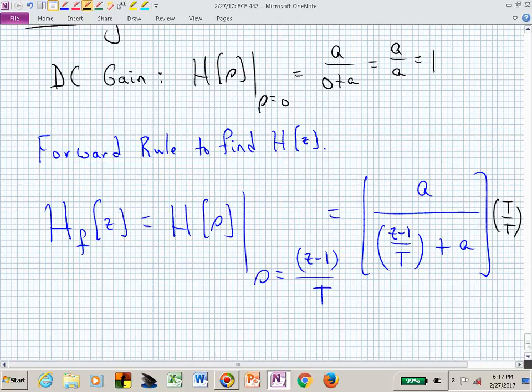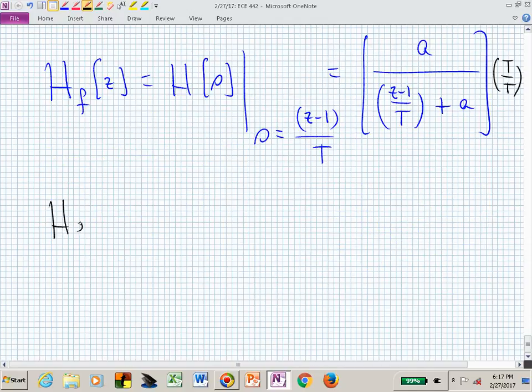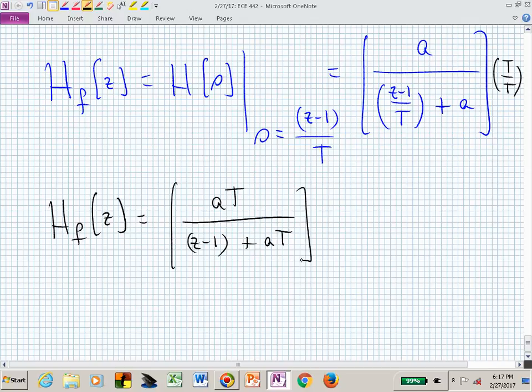Capital H sub f of z now becomes a capital T over, the z minus 1 falls out because I've now multiplied everything in the denominator by capital T, and I have an aT downstairs. Or I now have a transfer function in the discrete time case of aT over z minus 1 plus aT.